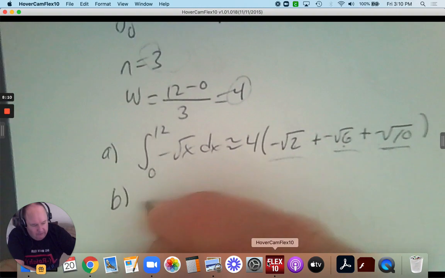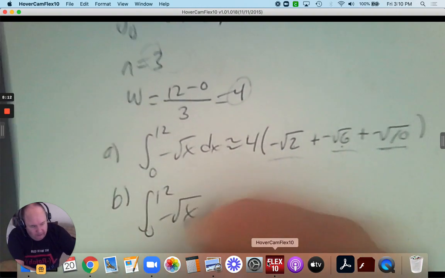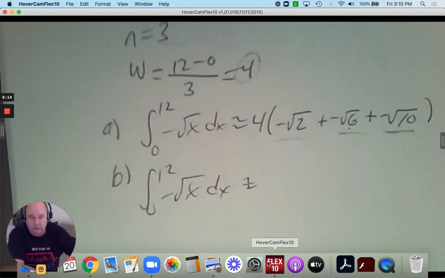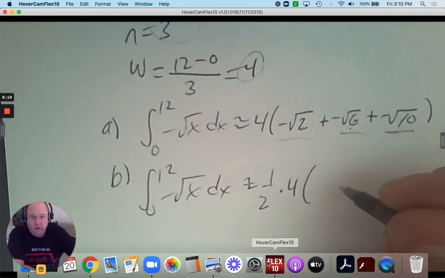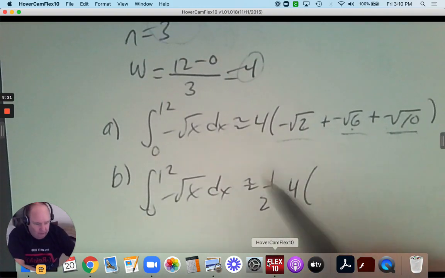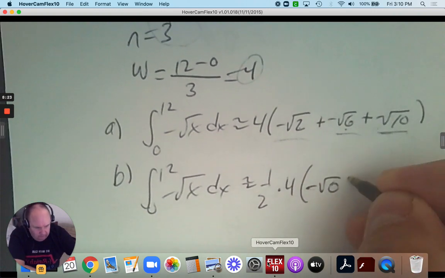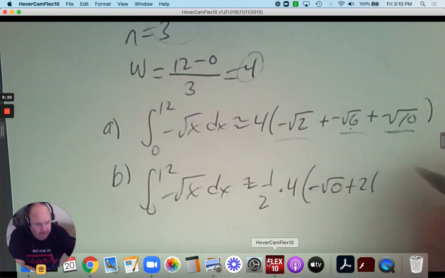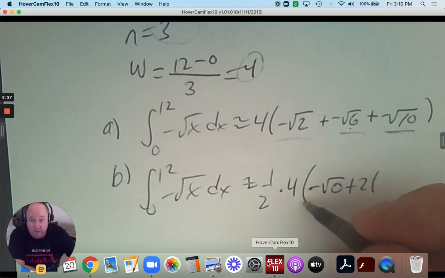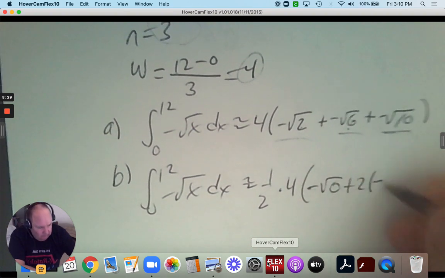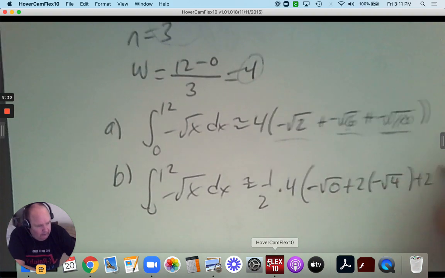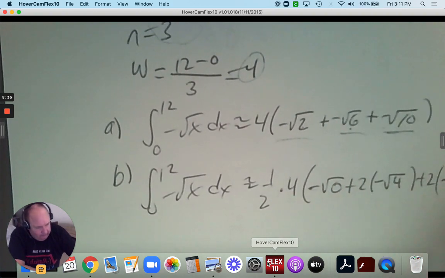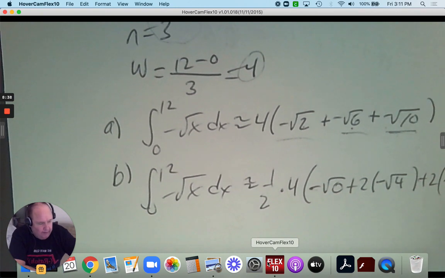Now for part B, the trapezoidal rule, how would that change things? Well, the formula is 1/2 times the width. So I'm going to use different numbers. I have to start with 0. And then I double, and I'm going by 4s. So I've got to plug in 4, and then I'm going to plug in 8, and then I'm going to plug in 12.